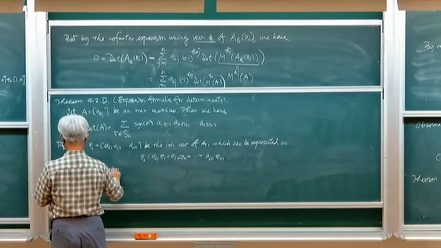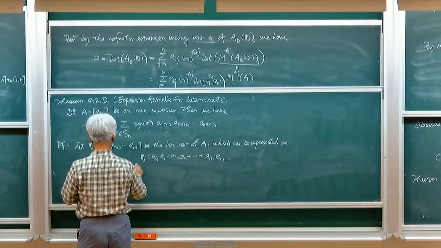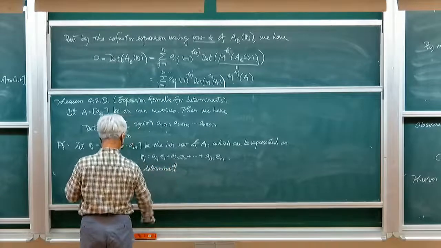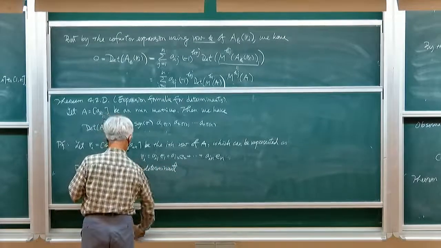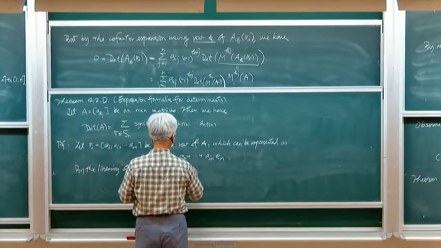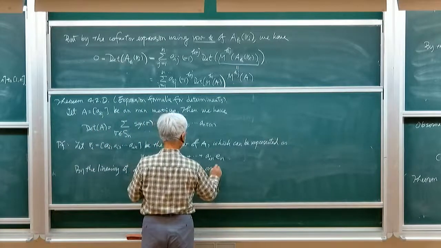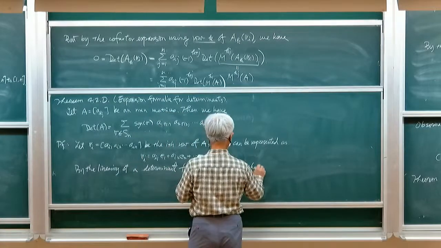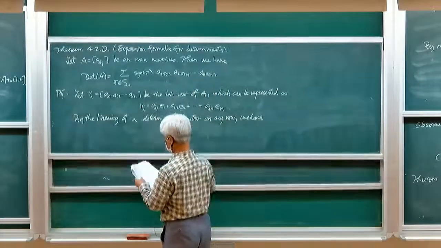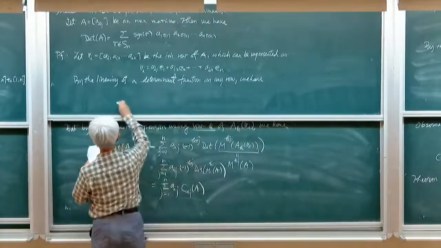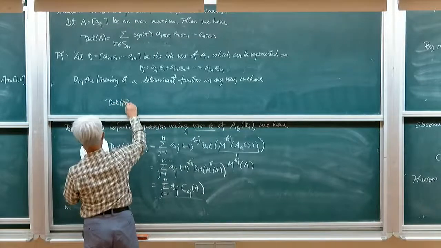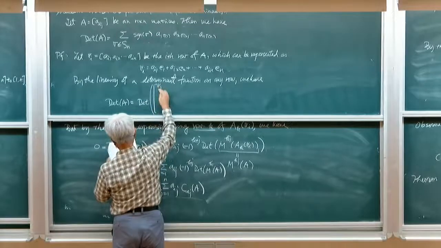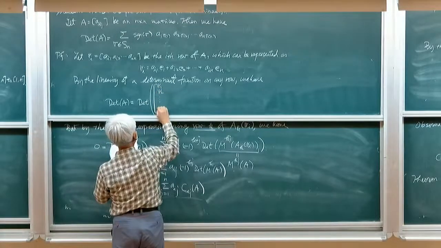Okay, so now by the linearity of the determinant function on any row, we have the following result. The determinant of A is the determinant of R1, R2 up to Rn.